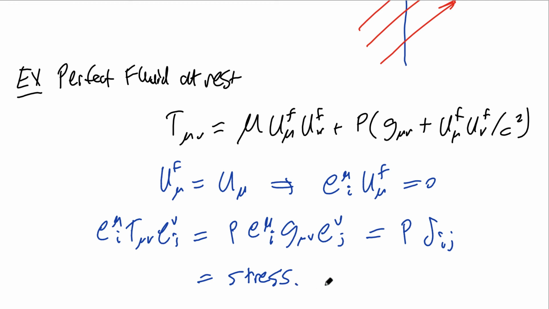So this is purely stress. It's not momentum flux. Of course, if the fluid is not at rest, if the fluid is flowing, then across any surface there can be a flux of momentum and also forces due to the pressure in the fluid. So in that case, these components of the stress energy momentum tensor would be a combination of momentum flux as well as stress.